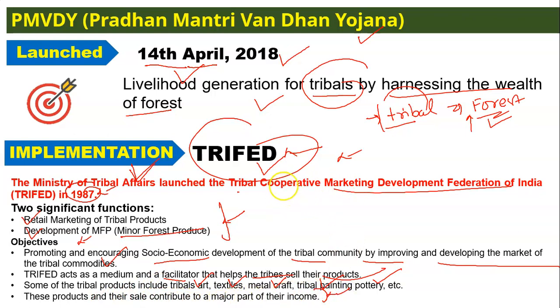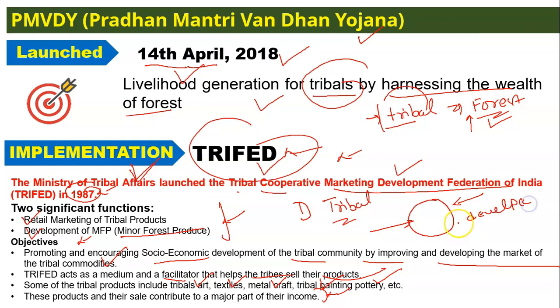So the main aim of the Tribal Cooperative Marketing Development Federation of India was the full-fledged development of this tribal community. How? For example, if these communities are producing a craft, any article, any produce, this organization will help in development of this product, and they will try to give some value addition to this product so it can be sold in the market easily for a handsome amount.